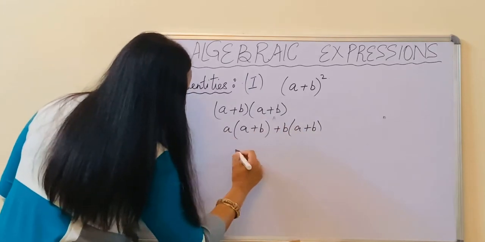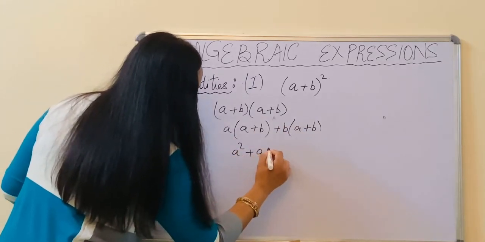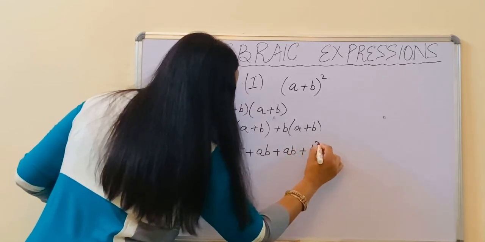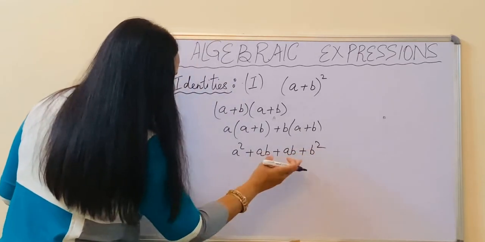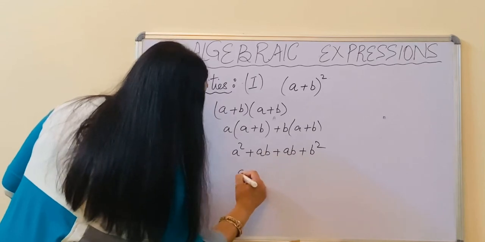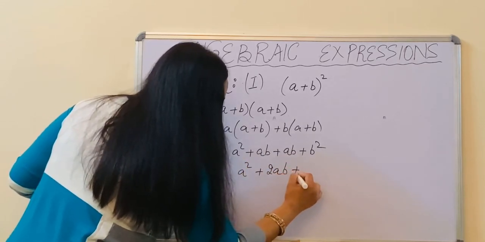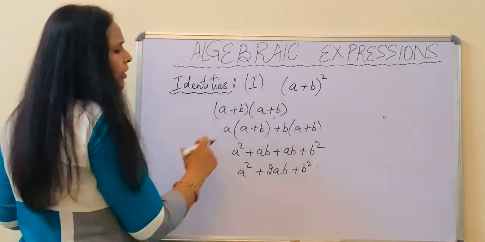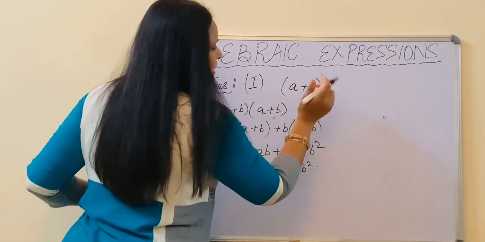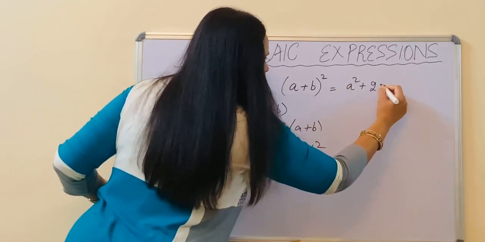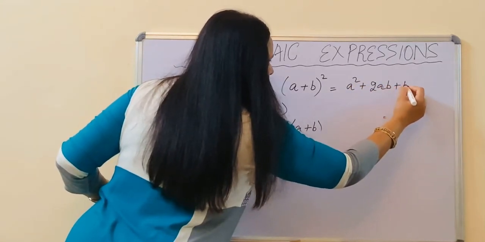Simplification, a square plus ab plus ab plus b square. Adding these two because having the same literal values, that is a square plus 2ab plus b square. For every value of a and b, (a plus b) square is a square plus 2ab plus b square.